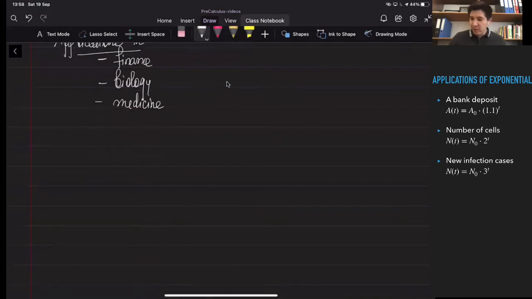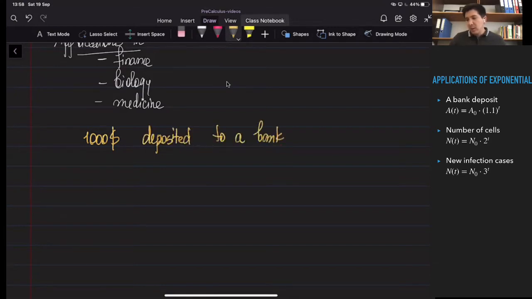The example on a bank. What I would like to know is if I would invest $1,000 to a bank, deposited to a bank with a yearly interest of 10%.